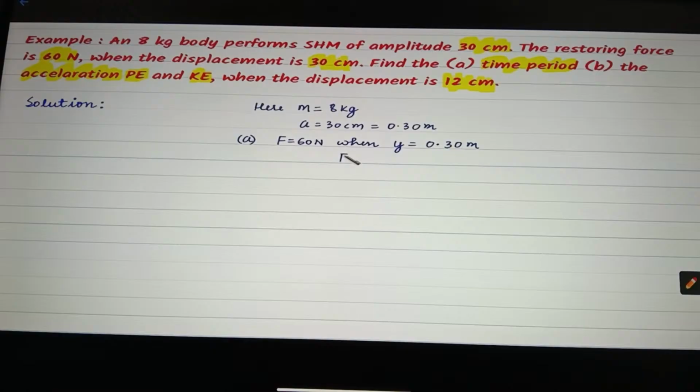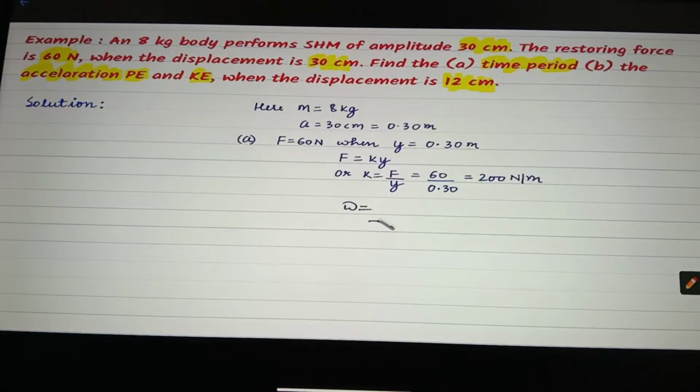And we know that force is equal to Ky, or K is equal to F by y is equal to 60 by 0.30 equal to 200 newton per meter.